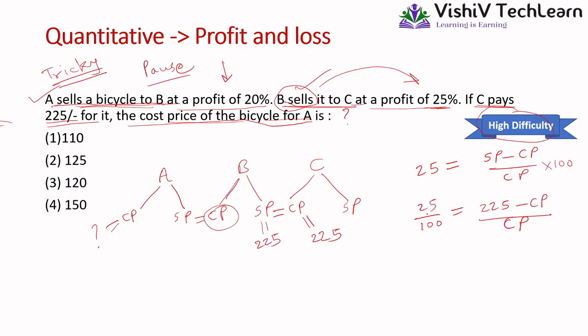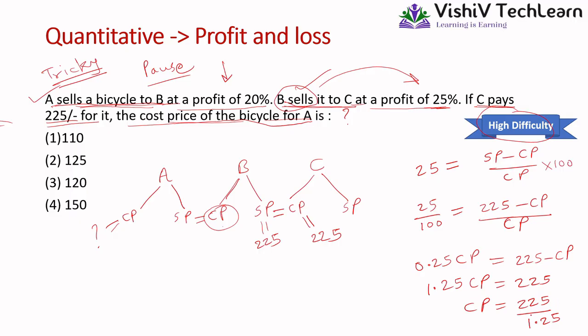Now this is 0.25, and this CP can be on this side. So 0.25 CP equals 225 minus CP. Now this CP can be on this side, so it will become 1.25 CP equals 225, and hence CP will be 225 upon 1.25.